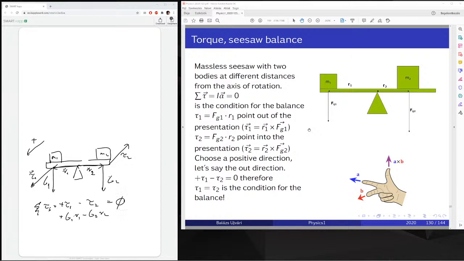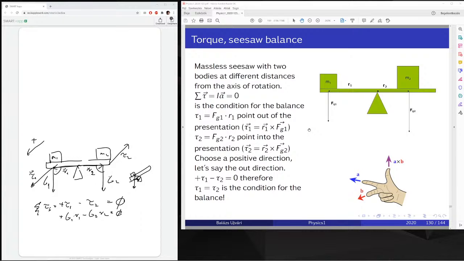What does it mean? This has to be 0, but don't forget it's only true if this is 90 degrees. If we have a seesaw like this, mass 1, R1, the angle is not 90, we have to play with the sin theta.